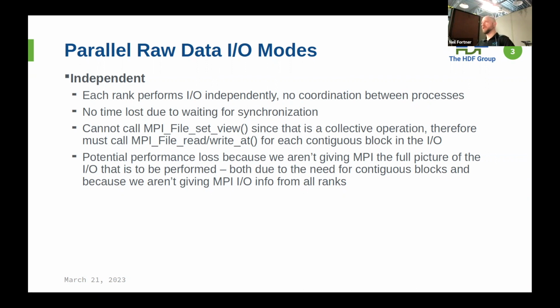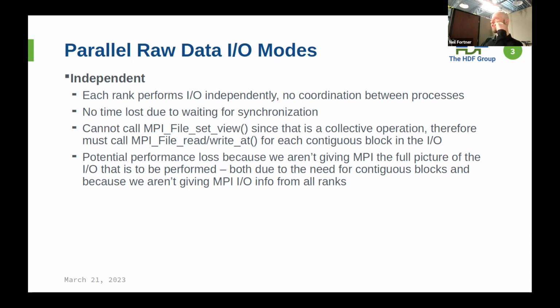So for each contiguous block in I/O, we need to call MPI_File_read or write once. So you can imagine if you have a 2D dataset and you select a column in C ordering, then you have to make a bunch of different low-level I/O calls, and that can potentially be a big performance overhead.